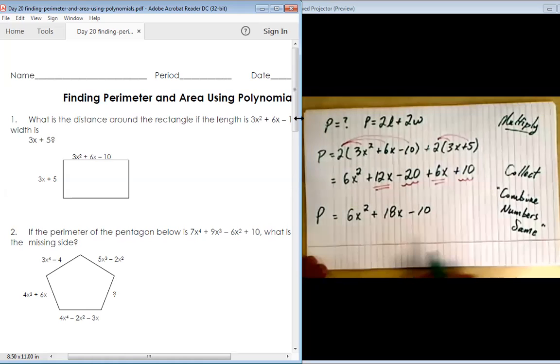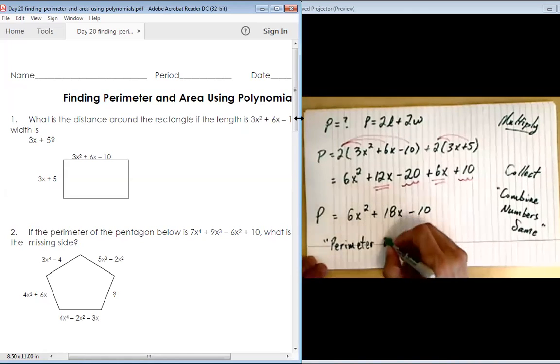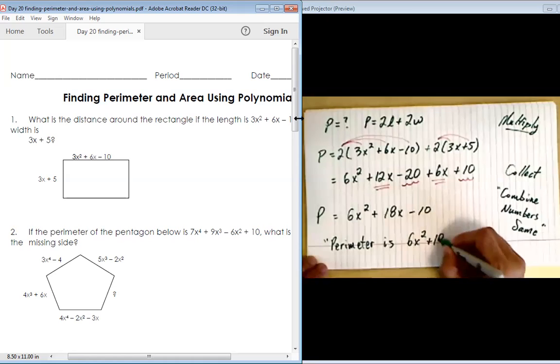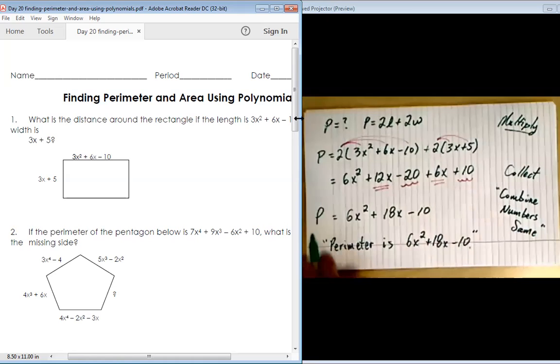And maybe perimeter is 6x squared plus 18x minus 10. That gets to be a bit much. This to me says the perimeter is. Okay, but just so you can see.